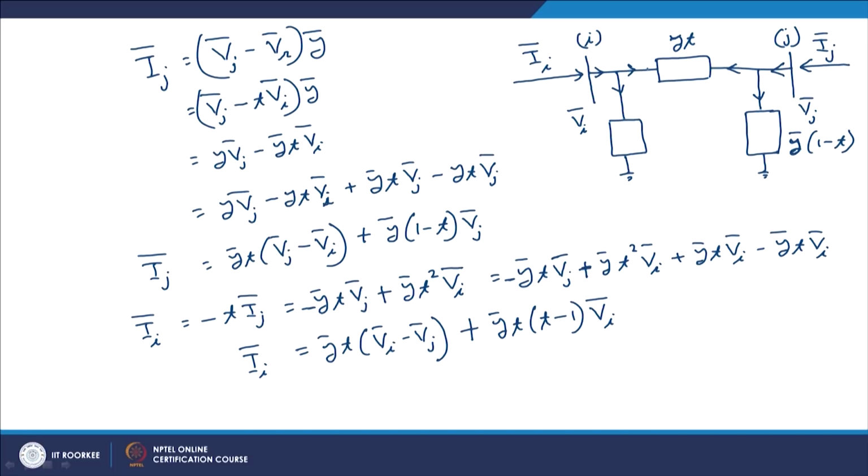The current going towards bus j is given by Y T into Vi minus Vj, and the shunt current would be given by Vi into Y T into T minus 1. So, this shunt admittance would be Y T into T minus 1. So, this is the equivalent circuit of this tap changing transformer.